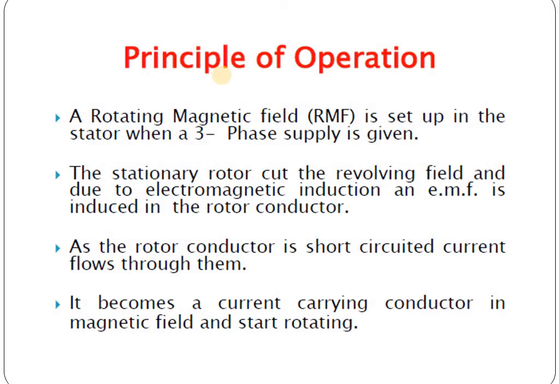and the current in the rotor conductor produces its own magnetic field. We know that when a conductor carrying current is put in a magnetic field, a force is produced on it. Thus, a force is produced on the rotor conductor. The direction of this force can be found by left-hand rule. It is seen that the force acting on the conductor is in the same direction as the direction of the rotating magnetic field.